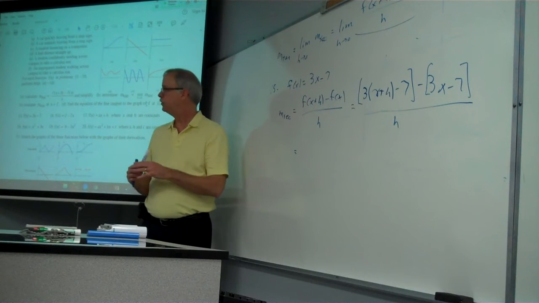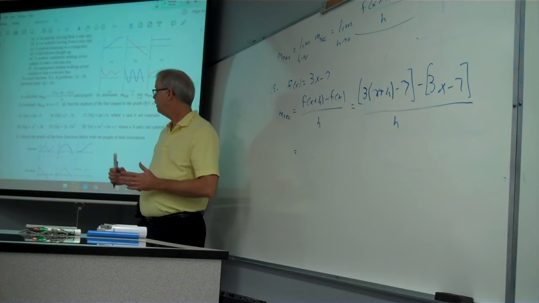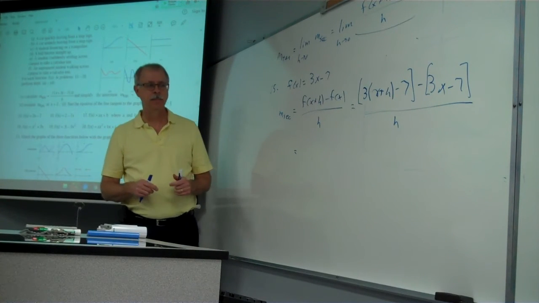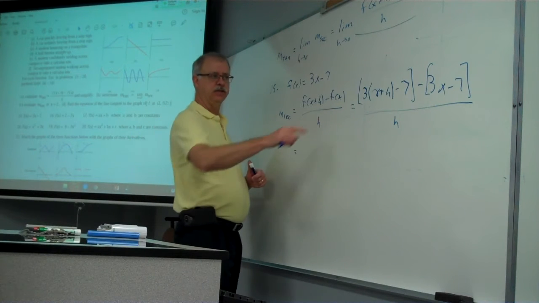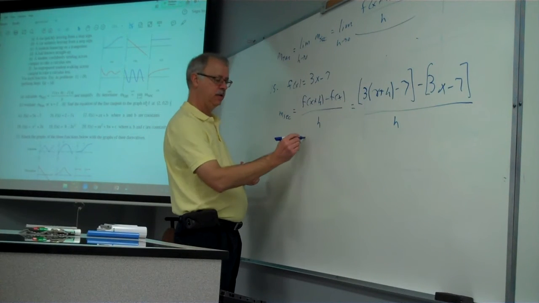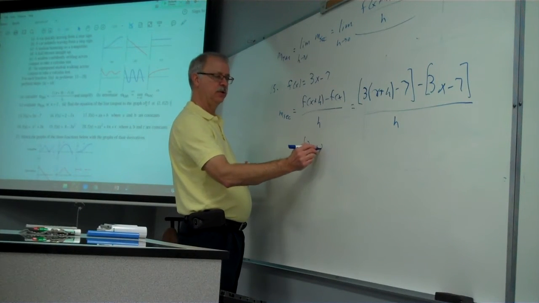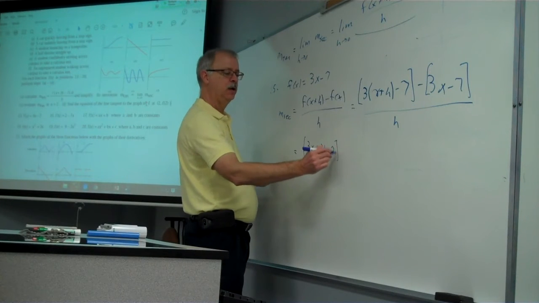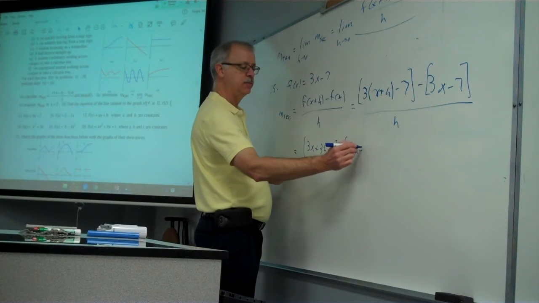Our hope is this simplifies, because they want us to calculate it and simplify. Well, let's see, if I distribute through, I get 3x plus 3h minus 7 minus the quantity 3x minus 7.